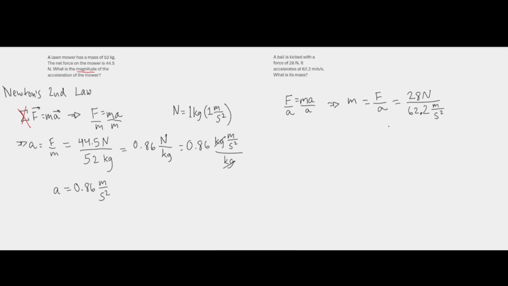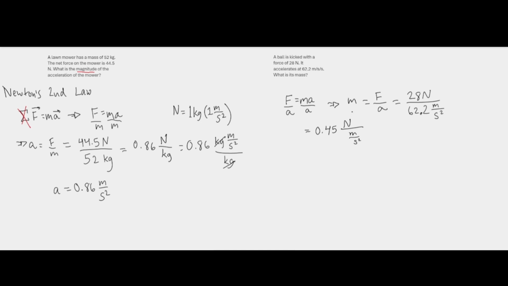So for the division, it is 28 divided by 62.2, and this gets me a decimal value of 0.45 to two decimal places, and I still have newtons divided by meters per second squared, which is a complex fraction.